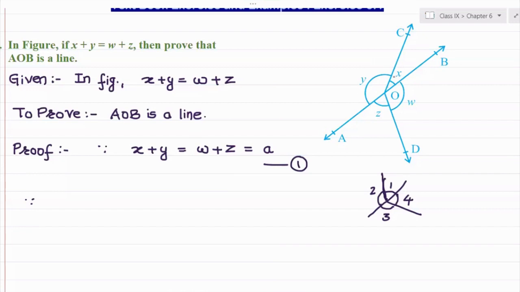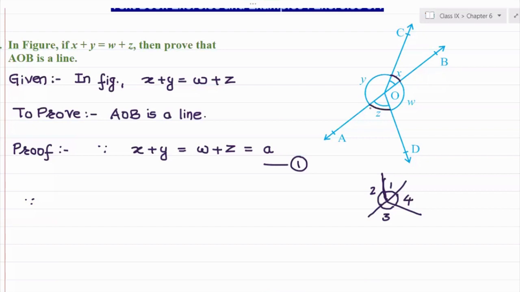See, if I join the arc from here in the same manner, and from here in the same manner, the arc of z was a little lesser, or the arc of x was a little lesser, to create a difference between the two angles. But if I join it properly, it is forming a circle.